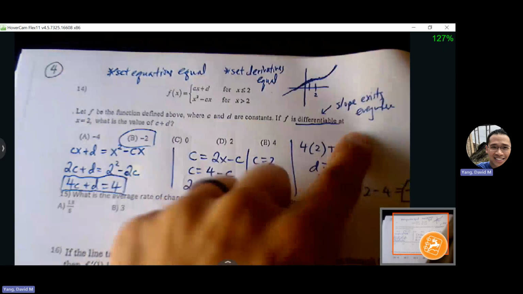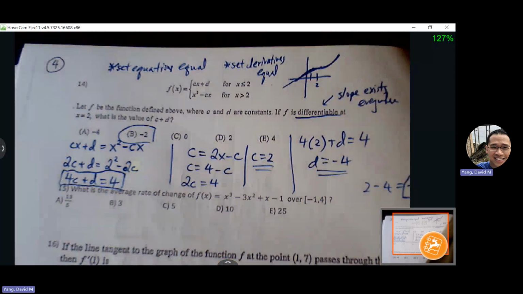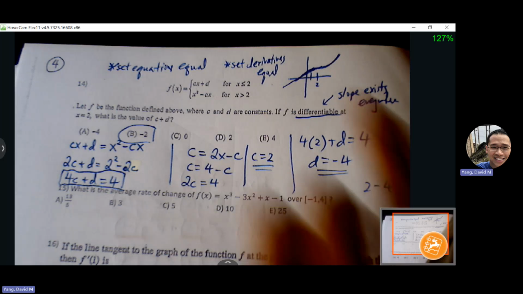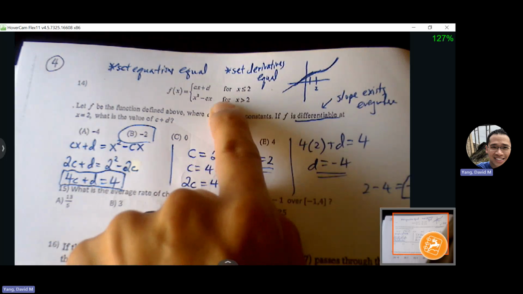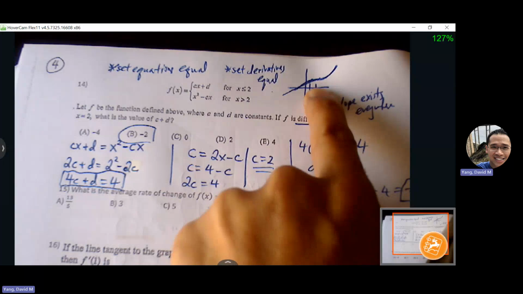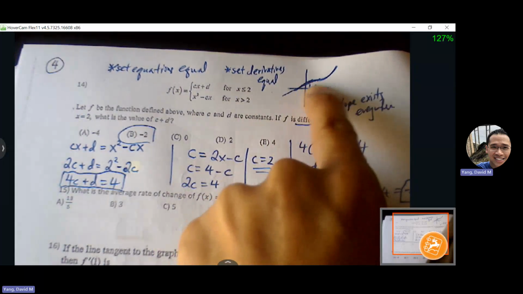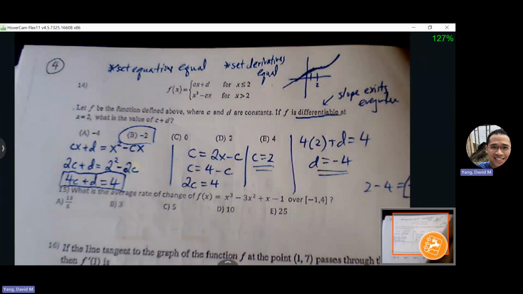That's one piece that we can use to move through this problem. The second is that if the function is differentiable, the two graphs are not only going to meet, they're going to meet in a smooth transition from one graph to the next, and there's not going to be a sharp turn. The slope from one graph to the next will be the same at x equals 2. I'm not drawing the graph exactly correct, but the idea is that the two graphs meet where they share the same slope.